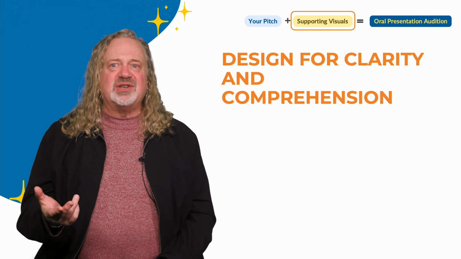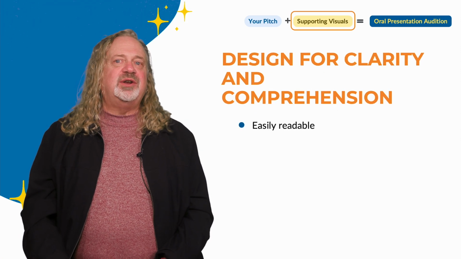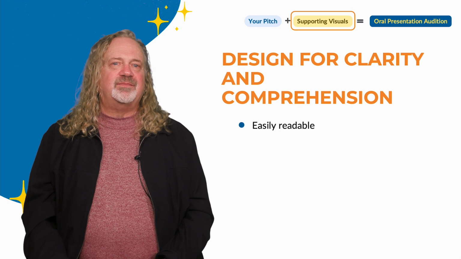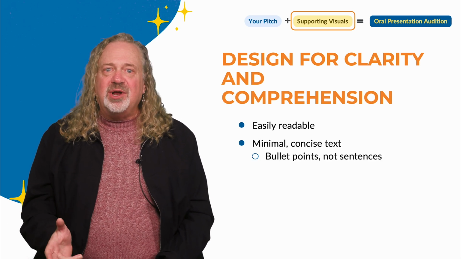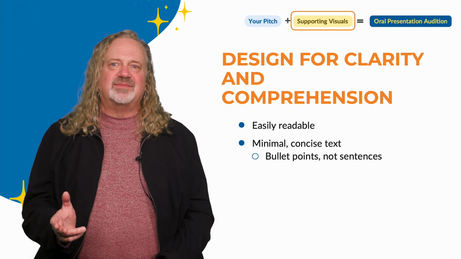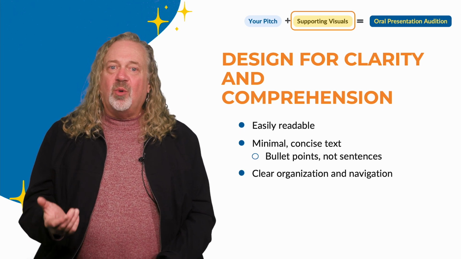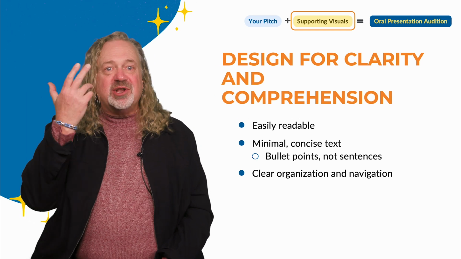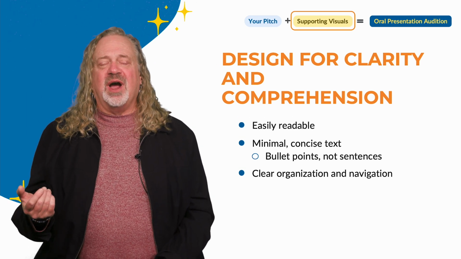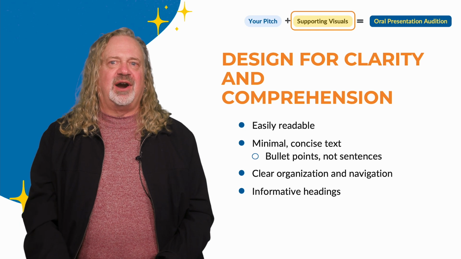And as you're designing slides, as I mentioned, you want it to be easily readable. You want your text to be minimal, concise, as I said, bullet points. You want the organization to be really clear. You want it to make sense for people as they're reading it and for you as you are speaking about what's on there.